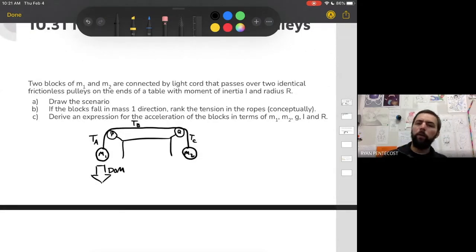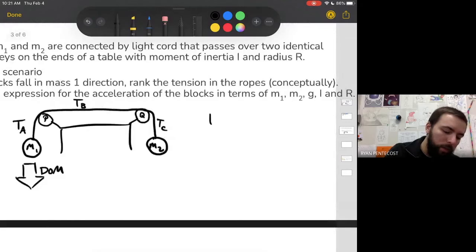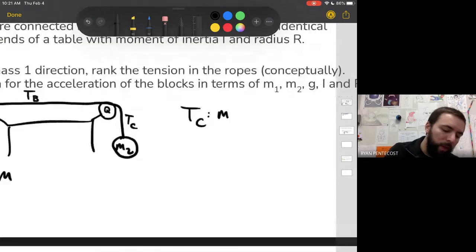If they are falling in that direction, rank the tension in the ropes conceptually. This is kind of hard to do without any numbers, but you can think, what is each tension responsible for moving? If we look at tension C, over here on the right, this is responsible for moving M2.